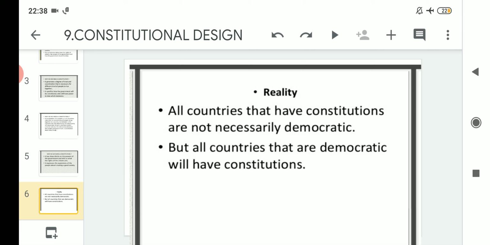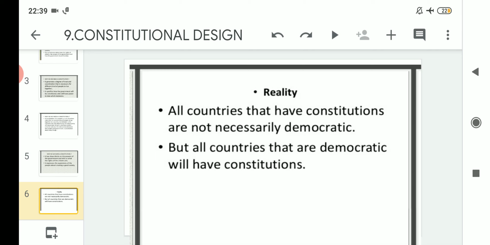That means every country, suppose assume that 193 countries are there, and out of that every country has its own constitution. Suppose assume that, but that does not mean that all those 193 countries are democratic. This is one condition. But the second condition is that all countries that are democratic will have constitutions. Don't be confused over that.